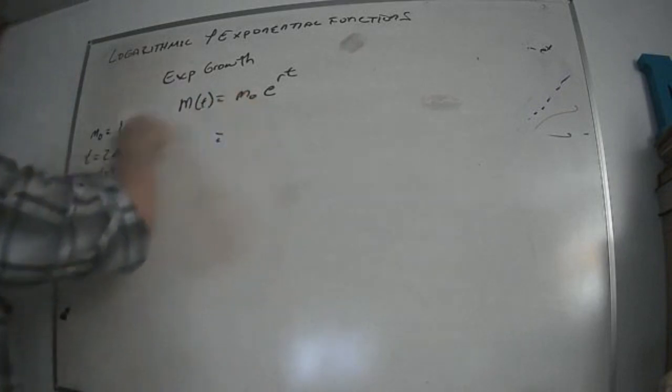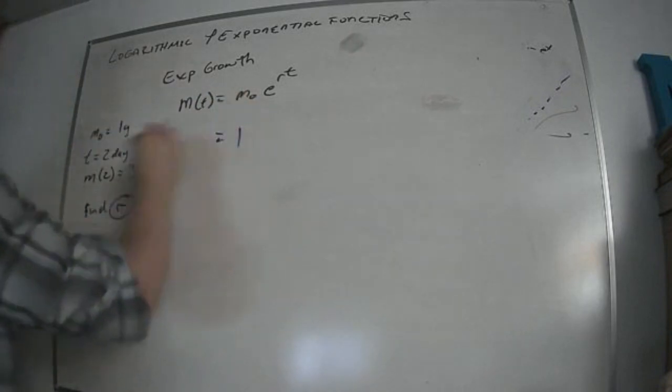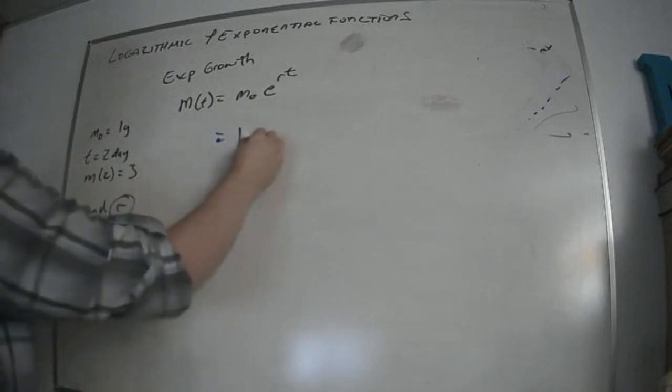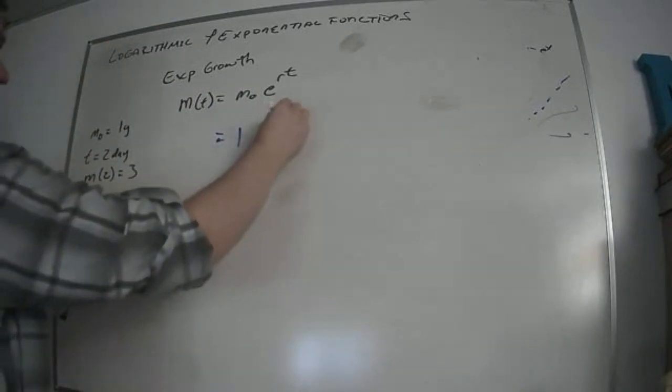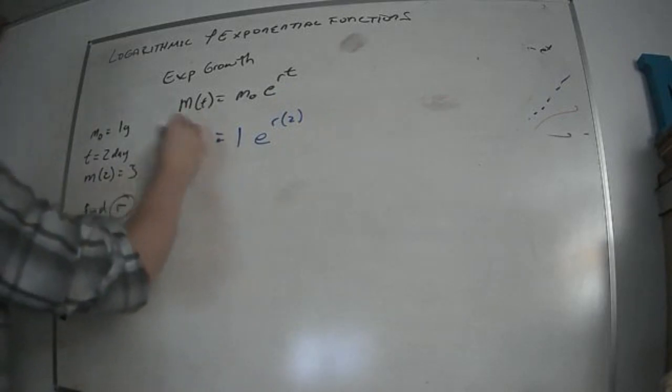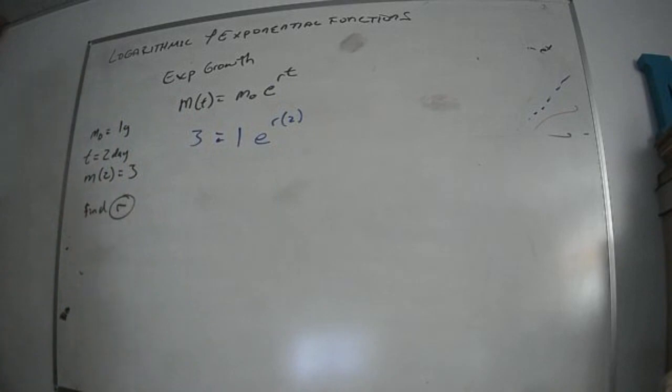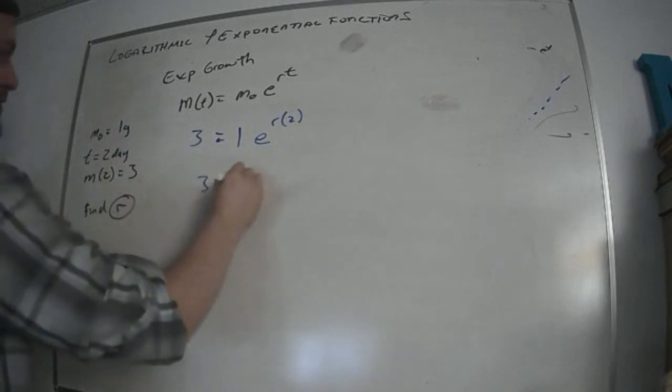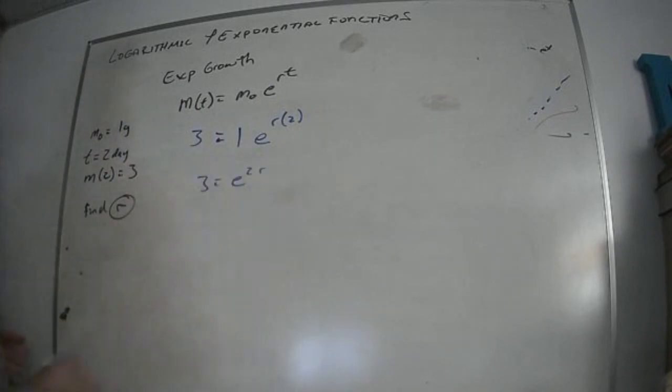Substitute m naught is 1, e is e, the t is 2. I'm trying to figure out the rate of growth in days, and I have this equals 3. So I have 3 equals e to the 2r. And I need to solve for r.